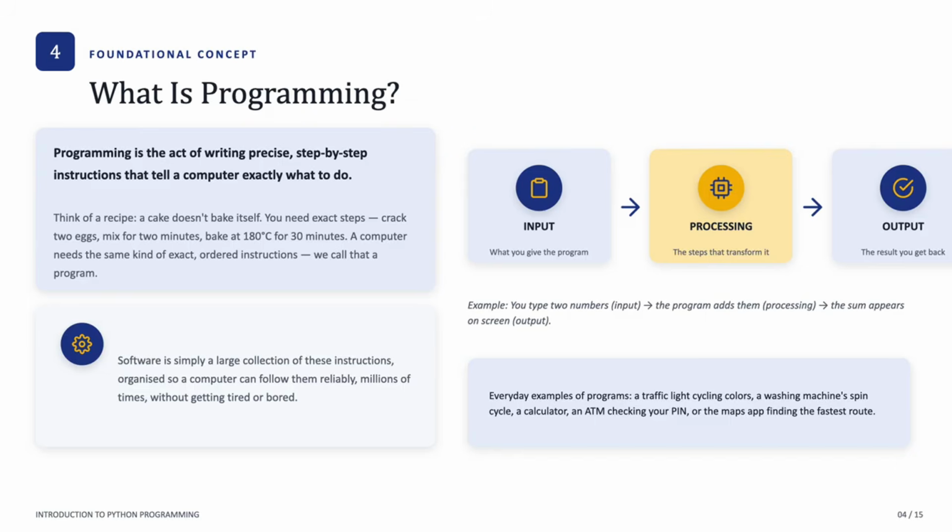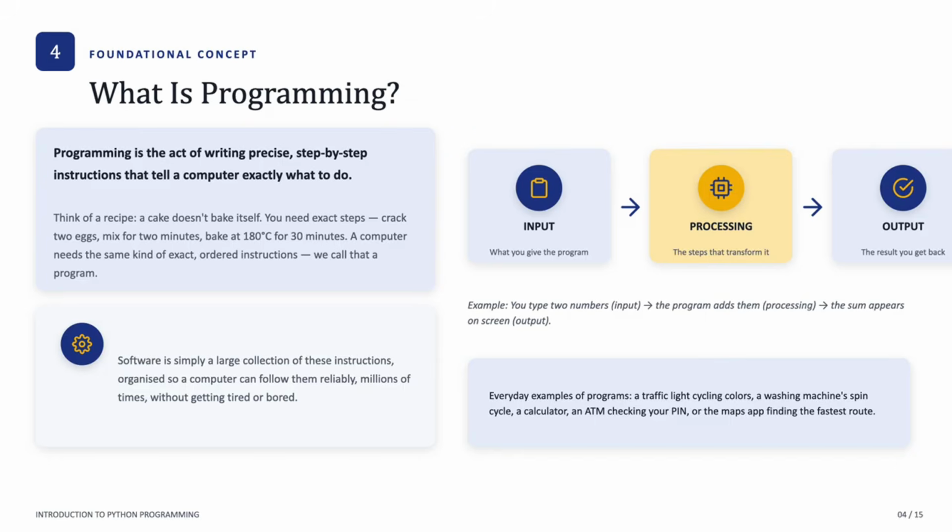Similarly, whenever you search something on Google, thousands of instructions run behind the scenes in less than a second. Programming is responsible for all of that. Without programming, there would be no apps, no websites, no online games, no social media, no AI assistants, no online banking, nothing. Programming is the invisible force that powers the digital world.